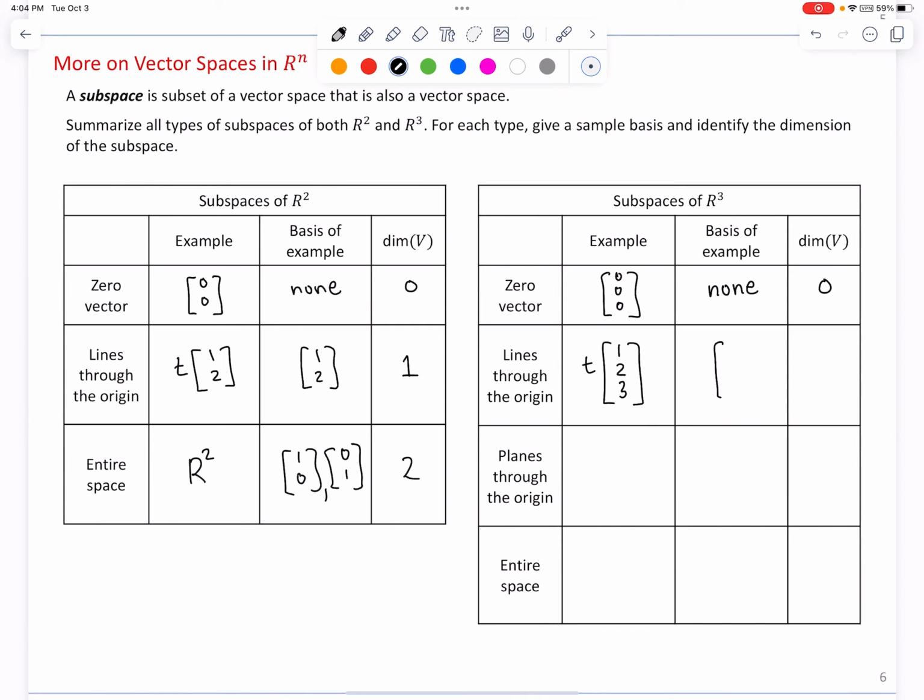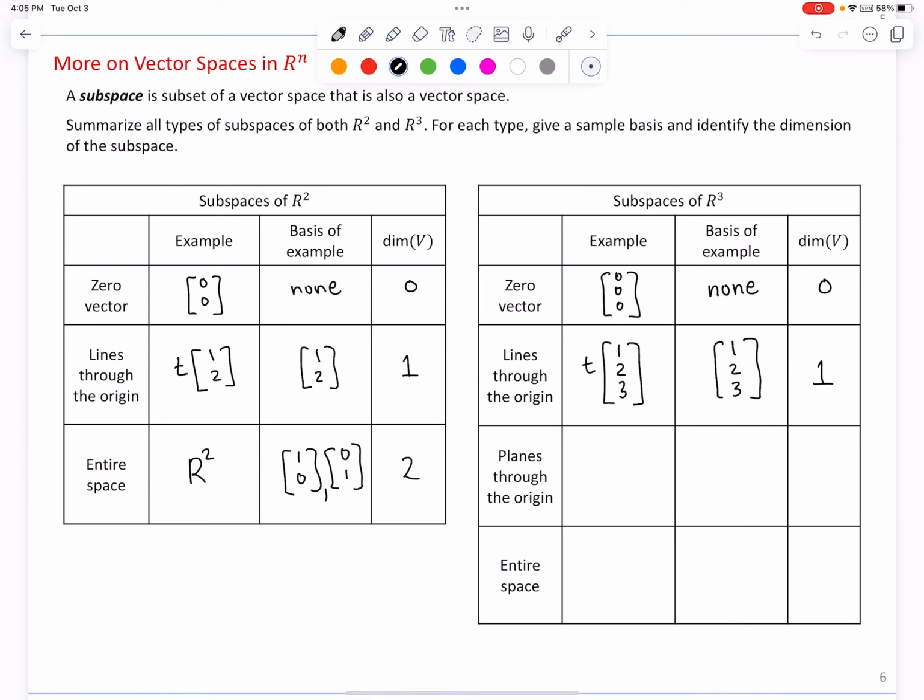Therefore, that vector itself could be the vector you use for the basis. Or you can do any multiple. So you could do (2, 4, 6), (3, 6, 9), (-1, -2, -3), etc., as long as you pick a non-zero vector that's in the space, and it will serve as its basis, and the dimension is just 1.